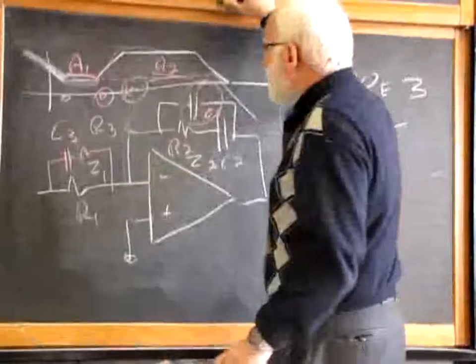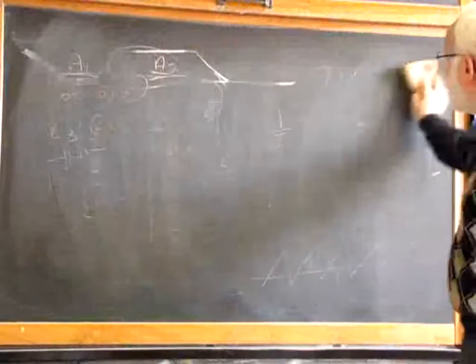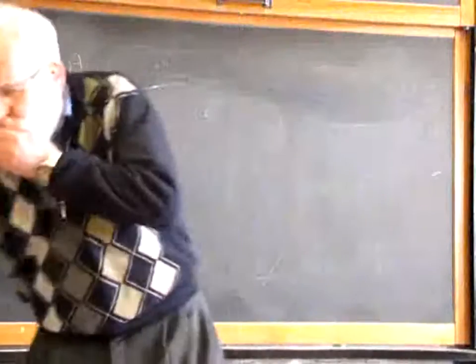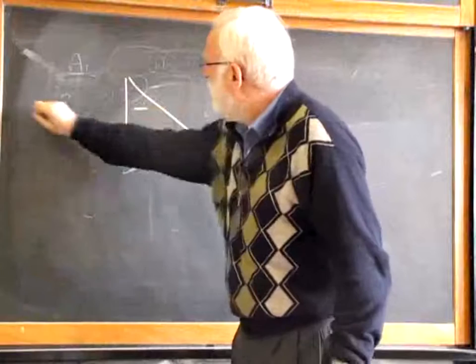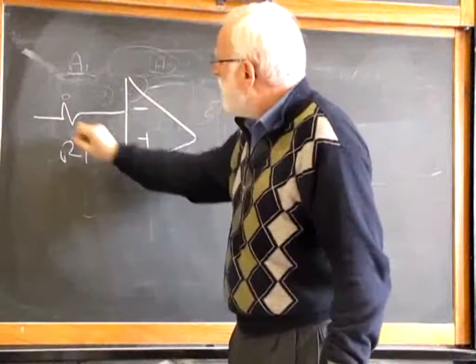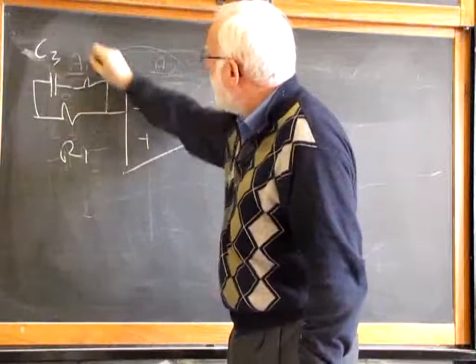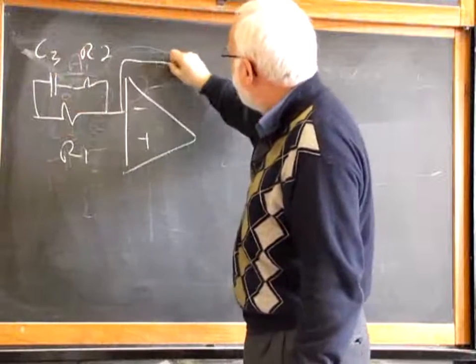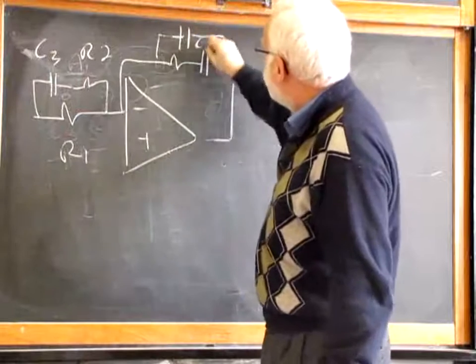So, let's see what the pole frequency associated to C3 is. We have R1, C3, R3, and here we have R2, C2, and C1.